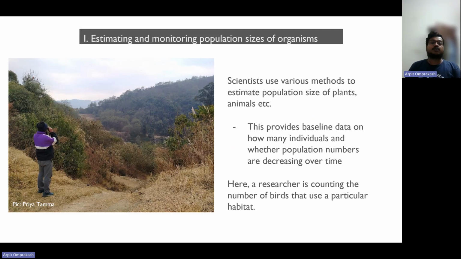If we do that across time for the same species in a given area, we can see if it's increasing or decreasing in that region. Here a researcher is counting the number of birds that use a particular habitat. We can see how birds are shifting their pattern of habitat use, some of the birds going away from the habitat, and so on.